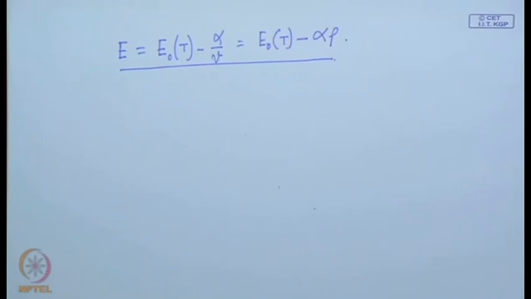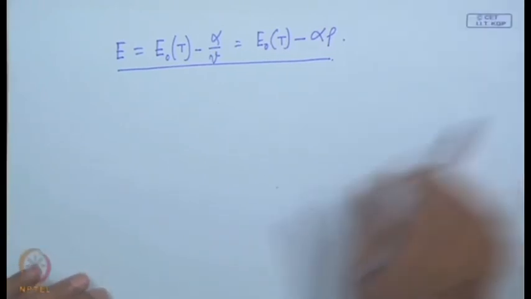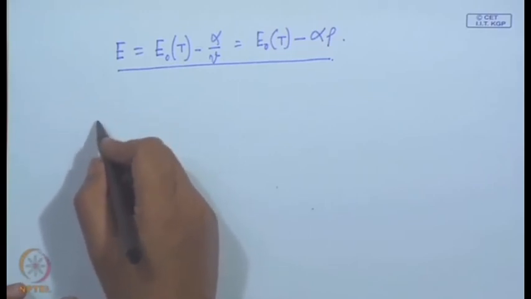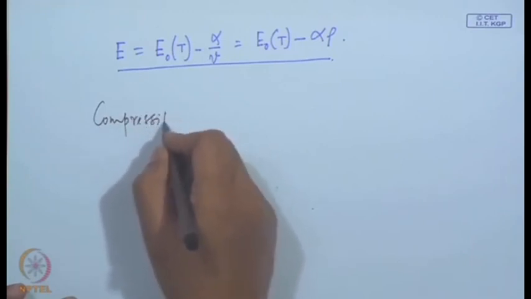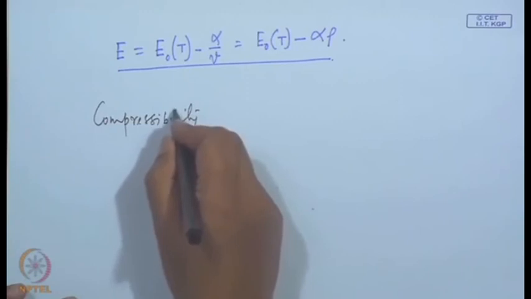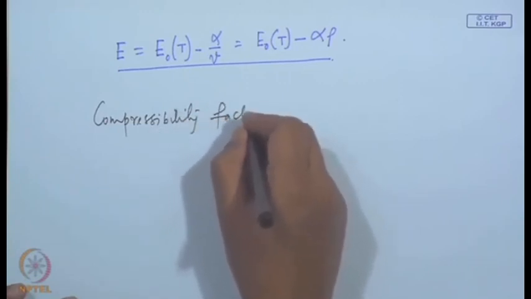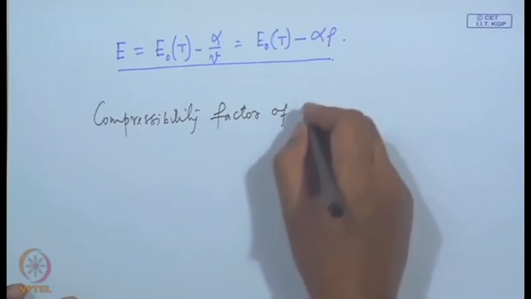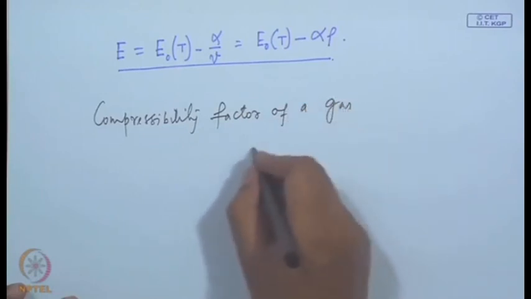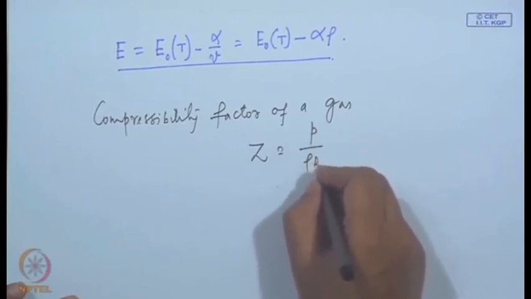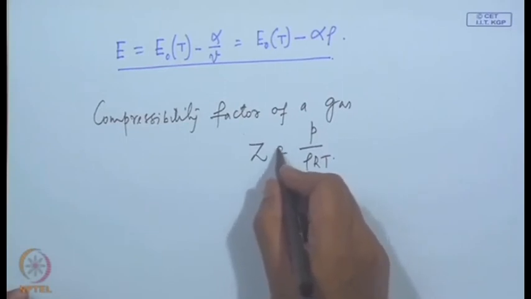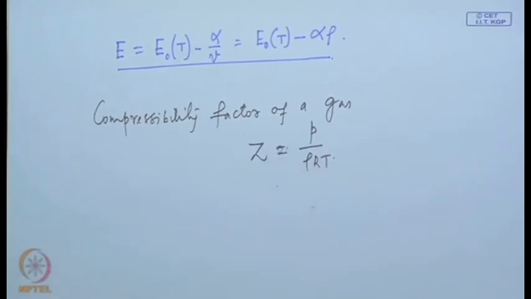Now we define a very important parameter, which is known as the compressibility factor of a gas. Usually denoted by Z, it is P by rho R T. So, the perfect gas has compressibility factor Z equal to 1.